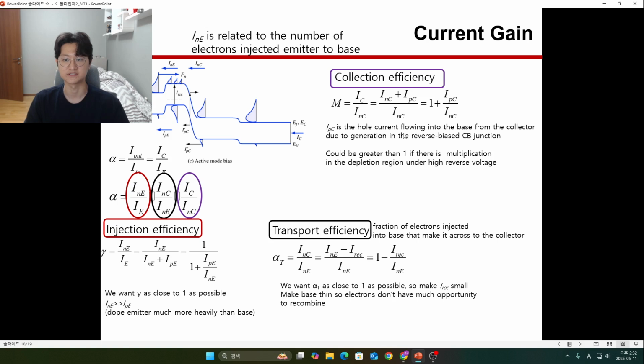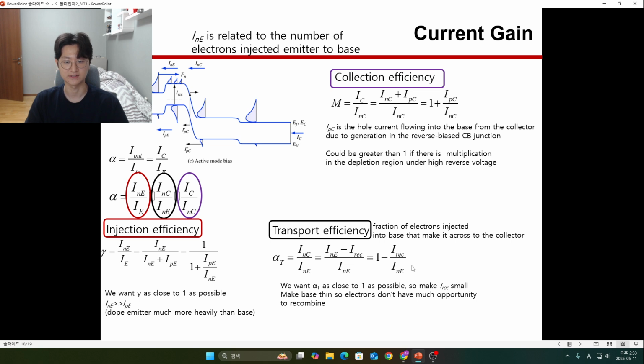this efficiency means the base-to-collector part. If we want it to approach 1, we can apply a higher reverse voltage, then the carriers will easily move this way, so we can raise the collection efficiency.